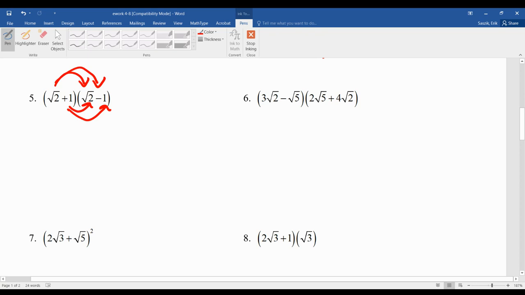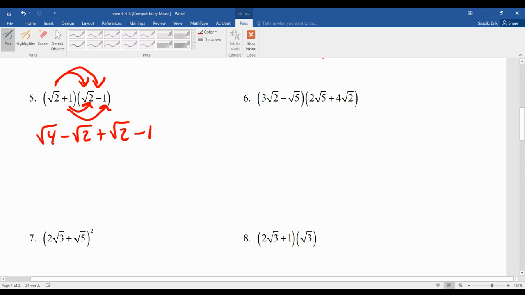Root 2 times root 2 is root 4. Root 2 times negative 1 is just negative 1 root 2. Done with that. Slide over to this 1. 1 times root 2 is positive root 2. Positive 1 times negative 1 is just negative 1.